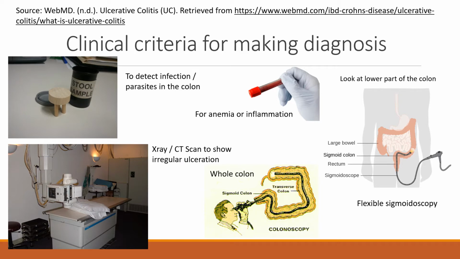It can also be detected through flexible sigmoidoscopy that uses a banded tube with lights and a camera to look at the lower parts of the colon, or using endoscopy or colonoscopy that scan the whole colon. And occasionally, ulcerative colitis can also be detected using X-ray or CT scans to show irregular ulceration.